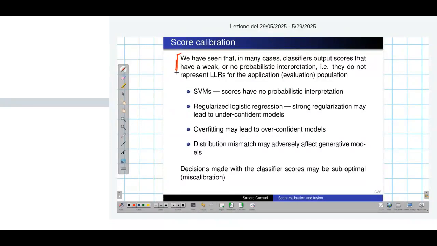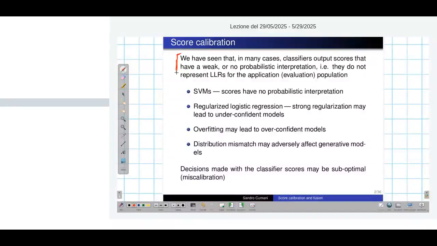If we have a generative classifier, likelihood ratio. If we have a discriminative classifier, this will be class posteriors, but we have seen how to map them to something that resembles log likelihood ratios by compensating the training set priors. And we said these are well calibrated when we can make effective decisions with these scores.